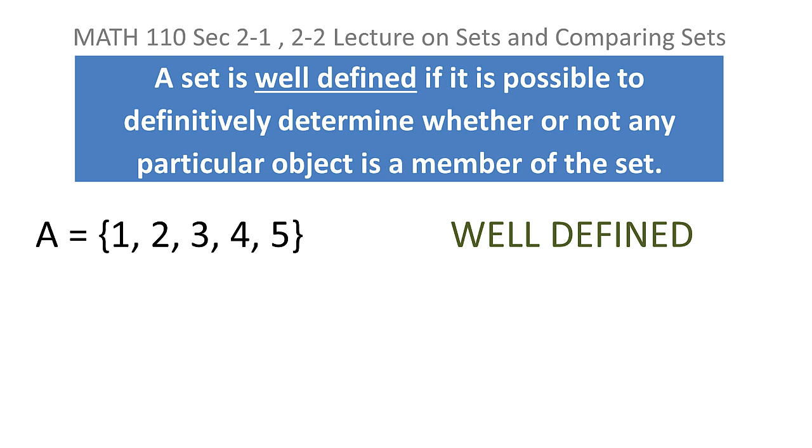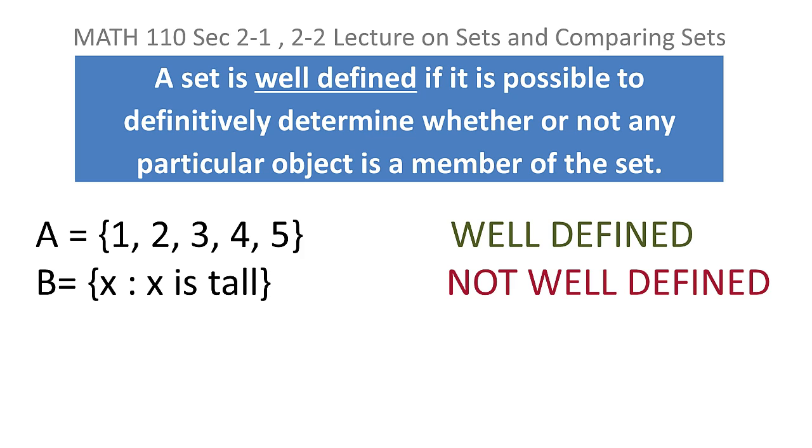Perfectly well defined set. But if I say something like B is the set of all x such that x is tall, I'm saying B is a set of tall somethings. That's not well defined at all. First of all, who would agree on what's tall? If you're talking about a tall person, a tall tree, a tall building, and even if you knew that, what's the cutoff between being tall and not? That's sort of subjective. So that would be a set that is not well defined.